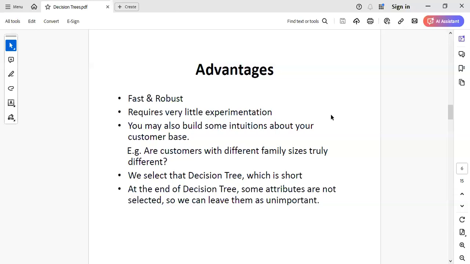So what are these rules? Suppose a Maruti showroom is trying to use this decision tree algorithm on some database it has collected.